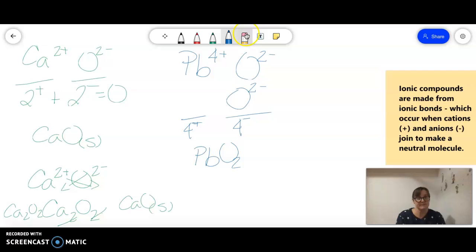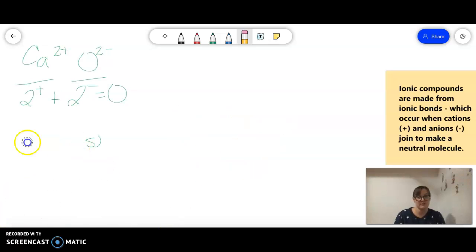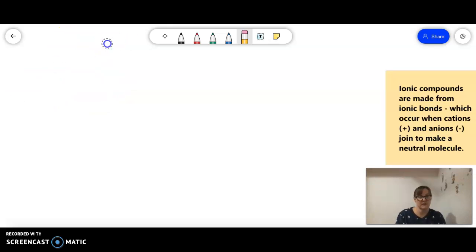All right. I'm going to erase these, and I'm just going to do a couple with the crossover method to make sure you guys know what's happening. And hopefully it makes sense.